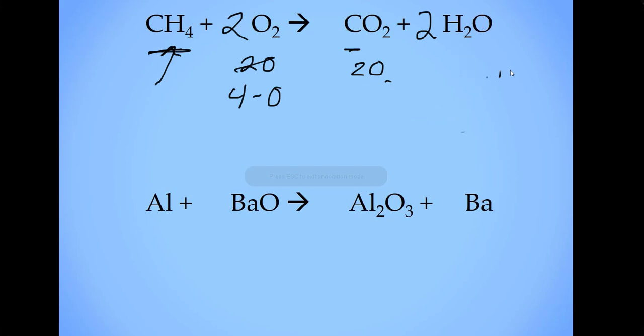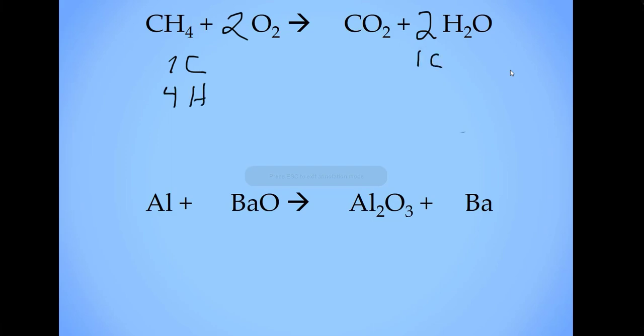Let me just clean things up here. So we have 1 carbon on the left, 1 carbon on the right. We have 4 hydrogens here, and here we have 2 times 2, 4 hydrogens. And look at our oxygens. We have 4 oxygens here, and on this side we have 4 oxygens. So this is balanced.